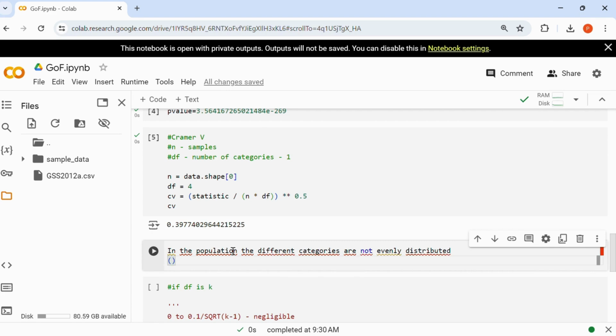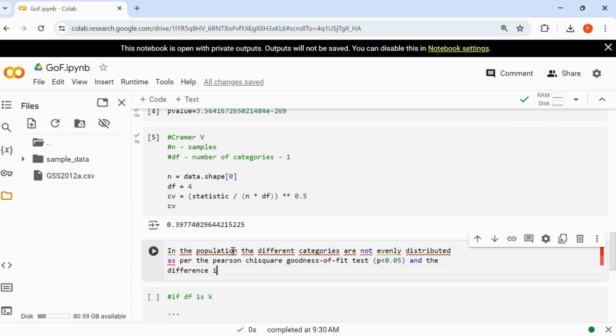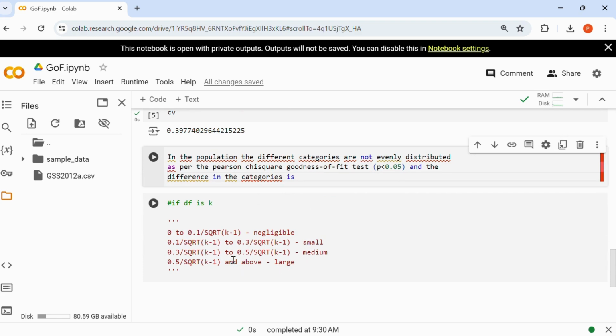For that we used, as per the Pearson chi-square goodness of fit test, p less than 0.01, and the difference in the categories is, so that we will get from this interpretation, because the Cramér V is 0.397.